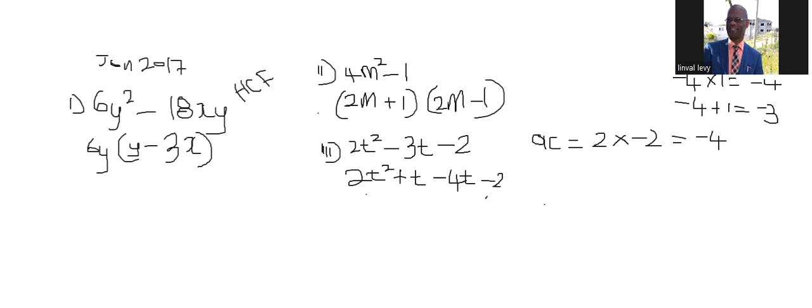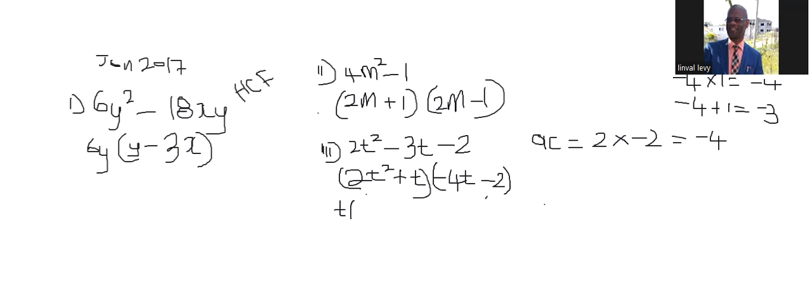So we group them, then we take out the highest common factor from each bracket, right? So the highest common factor here would be t. T is common.